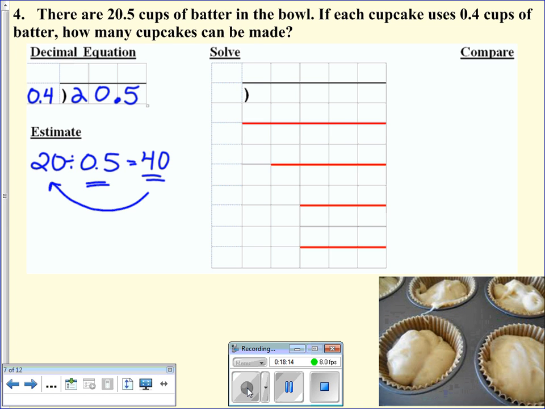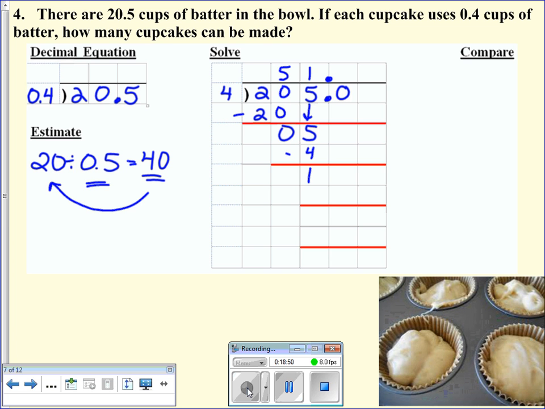Okay, so we want to make our divisor a whole number. So 4 into 205. So now when we divide 5, 20, bring down the 5, I have a remainder. Can I have a remainder? No, so I have to add a decimal and a 0, because if I add a 0, it goes from 200 to 2,000.